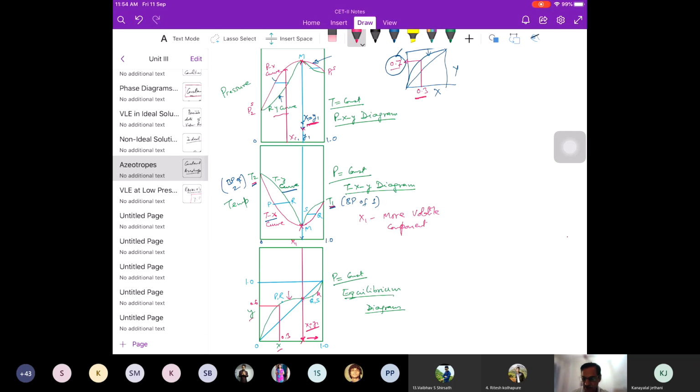The temperature at which this azeotrope forms is less than the boiling point of component 1 and also less than the boiling point of component 2, and that is why it is called a minimum boiling azeotrope.